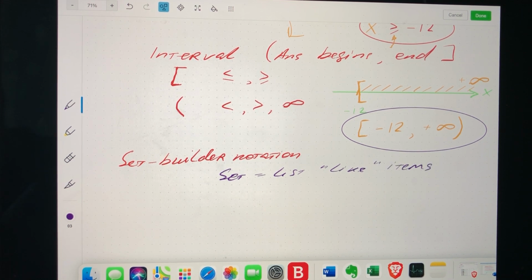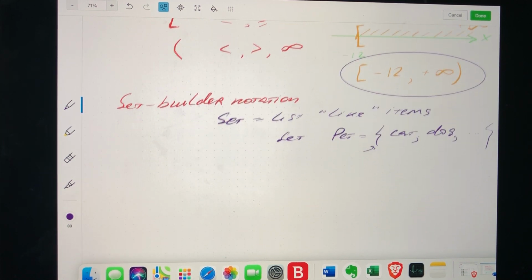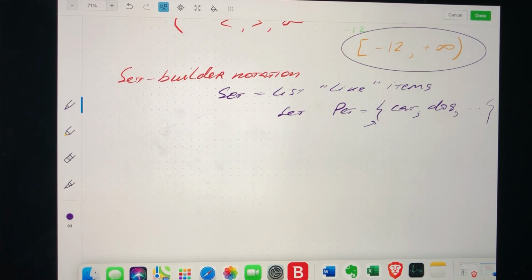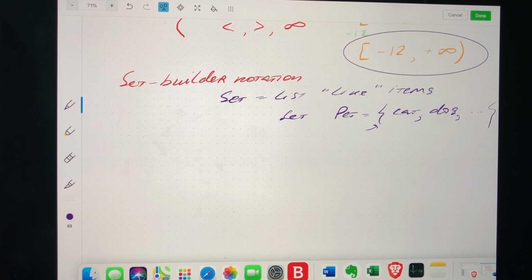So we could have a set called pets, where we could have our cat, the dog, the horse, whatnot. And the curly parentheses abbreviate the set, and the commas list the elements or the items that belong to the set. So in a set builder notation, we have to write all the places where the answer is true.